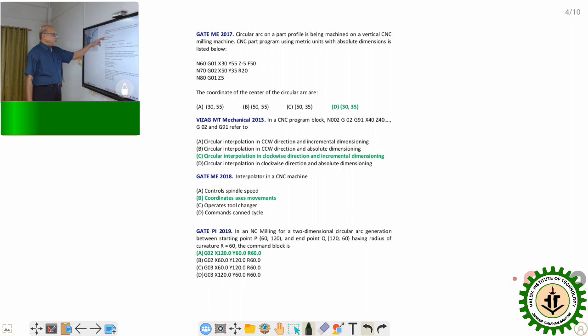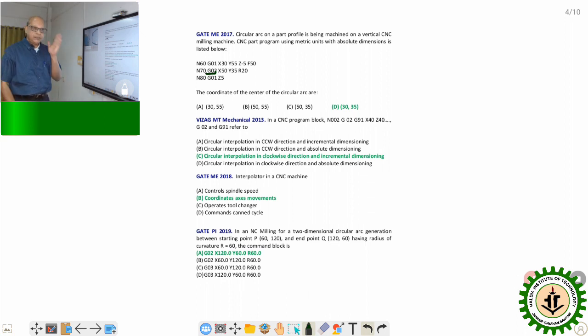The first block is G01, and as you know, it implies straight line interpolation: X30, Y55, Z minus 5. And in the next block, G02, X50, Y35, R20. So G02 is the code or the preparatory function for implementing a circular arc, following a circular path with clockwise interpolation.